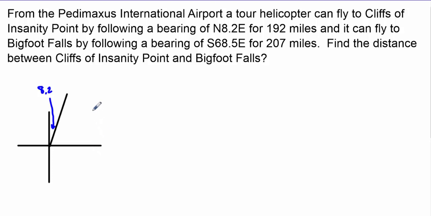Given that, I'm going to do that for 192 miles, so this is 192. And then I'll go south 68.5 east, we'll call it here, roughly for 207 miles. And the angle is 68.5 here.